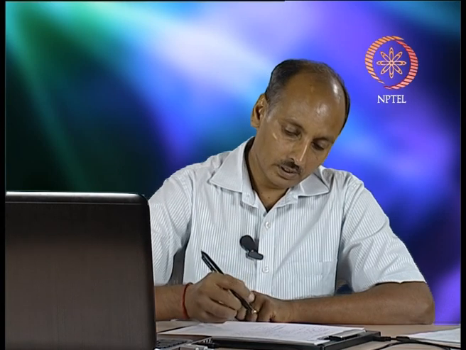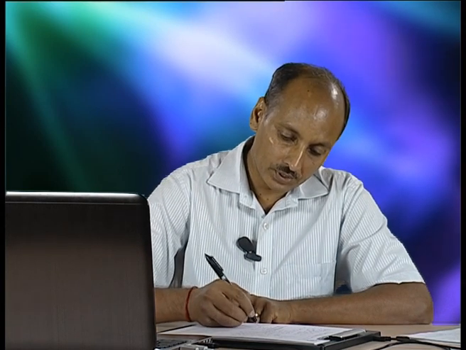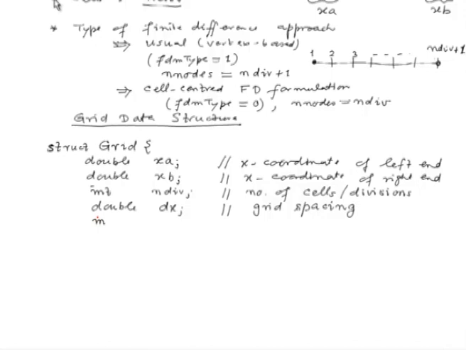The number of nodes is also related to our grid type. So, let us put the number of computational nodes, and let us call that int n nodes.